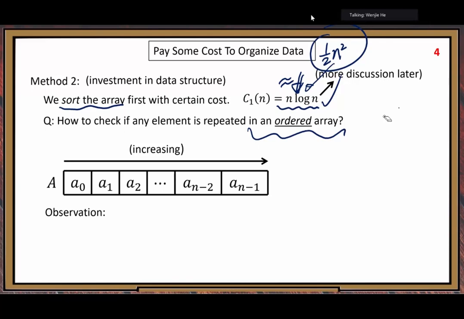That step, we need to use a lot of resource. That step we treat as the investment, because after this data organizing step, we can enjoy the benefit of the organized data.